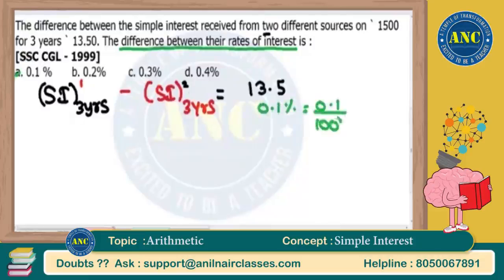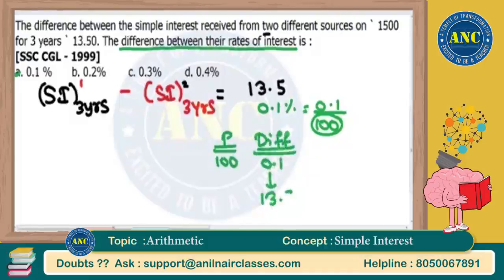If the principal is 100, the difference will be 0.1, but the difference is not 0.1, it is 13.5. So principal should become 13,500, but principal is not 13,500. Principal is 1500, right? So it is not a possible case.